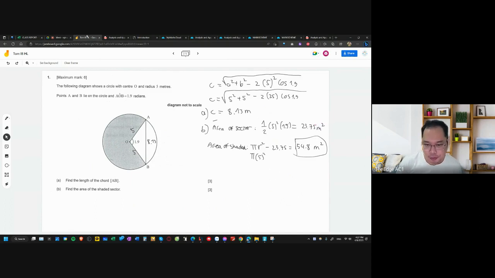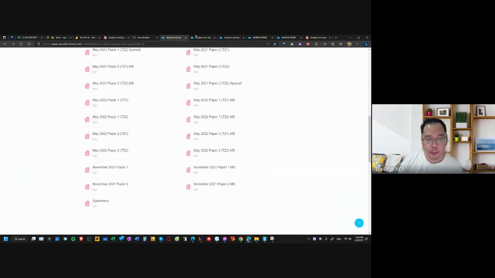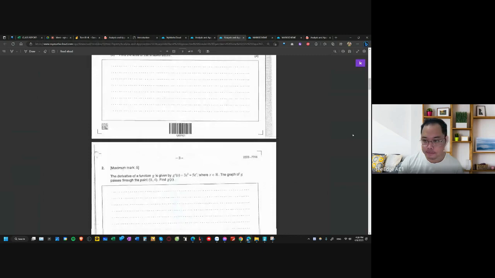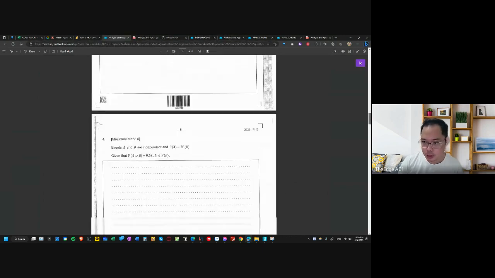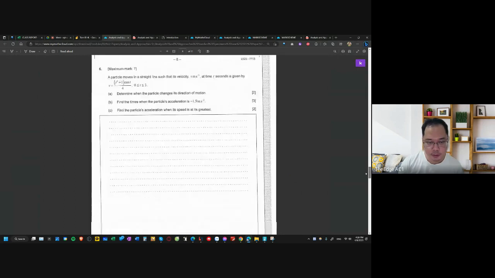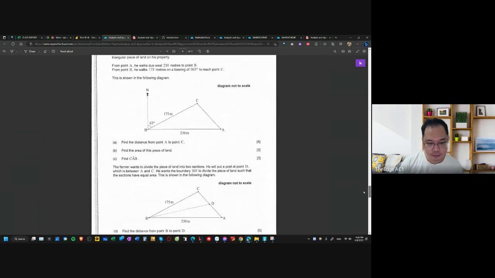Okay, unshaded sector 1.9. Okay. Another geometry problem in section B, here.